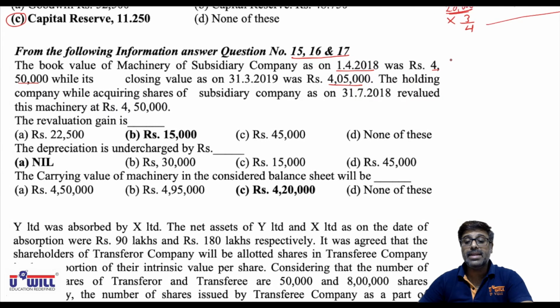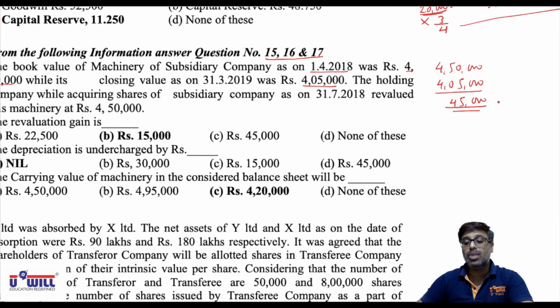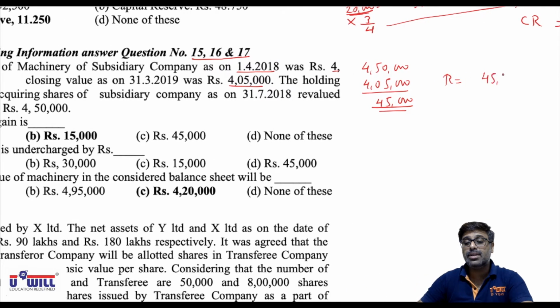Now, against 4,50,000, closing value 4,05,000 means what is the depreciation provided during the year? 45,000. So, what is the rate of depreciation? 45,000 is provided on 4,50,000 value in the beginning of the year, which means the rate of depreciation is 10%.